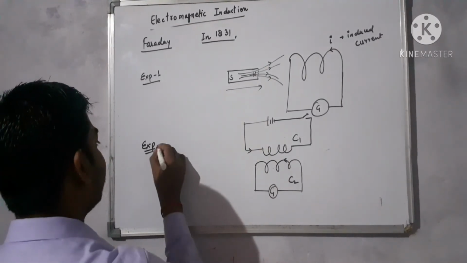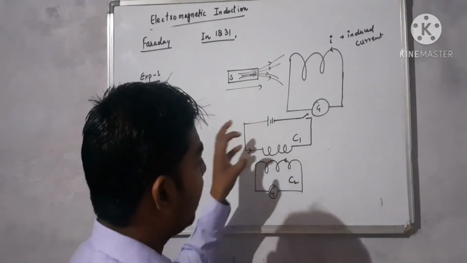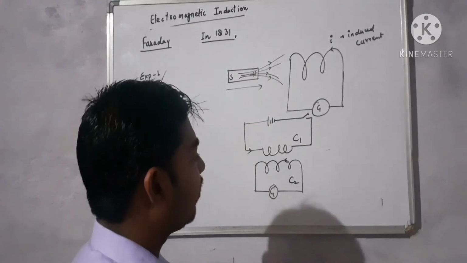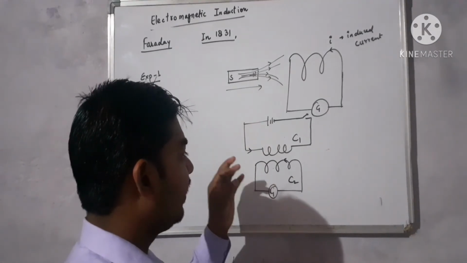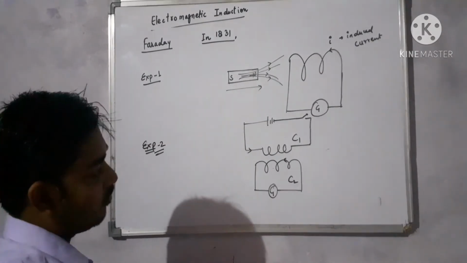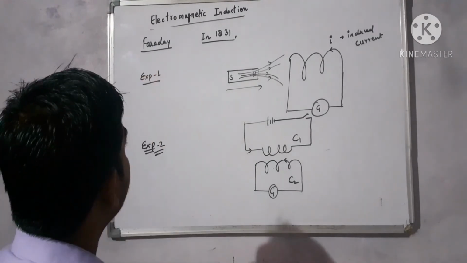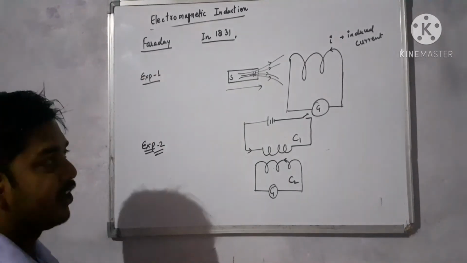So experiment number 2 suggests that when we change the current in a nearby coil, an EMF is induced in the next coil. This is also part of Faraday's observations.